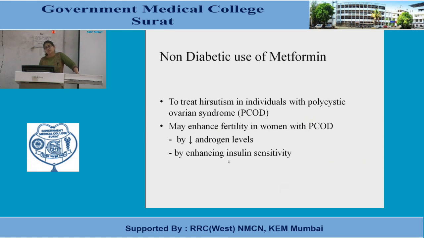The patients of polycystic ovarian syndrome have hirsutism specifically on the face, which is very distressing to the female. So it can be used to treat that. And a further effect could be that it might enhance the fertility in women with PCOD. How? Because it decreases the androgen level and it enhances the insulin sensitivity. So this drug is also being used for treatment of infertility.